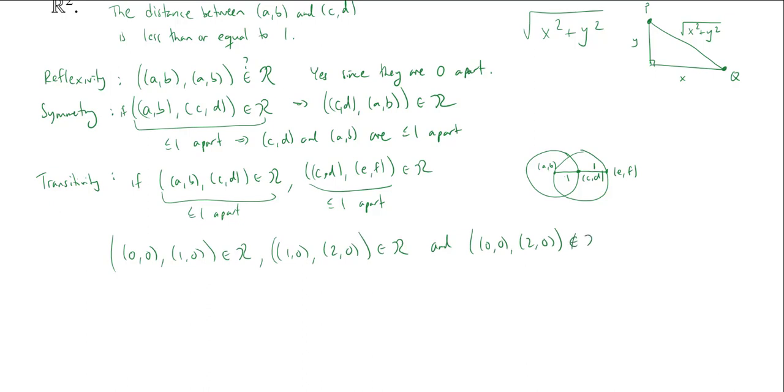And so this is not in R. And so transitivity fails. Which implies R is not an equivalence relation.